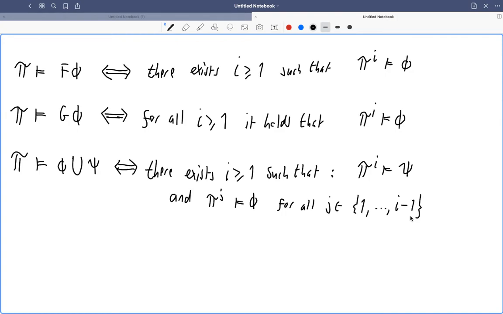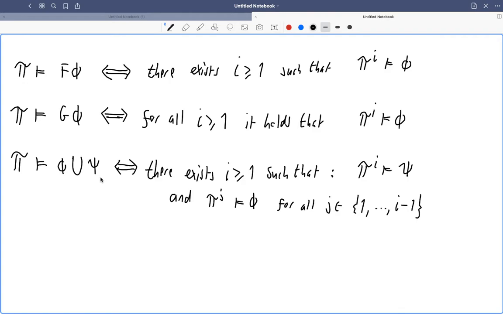So the important thing about the until operator is that eventually psi will hold and phi will continue to hold until immediately before psi holds. Once psi holds, phi does not need to hold anymore, but phi must hold at all points in time strictly before the time at which psi holds.